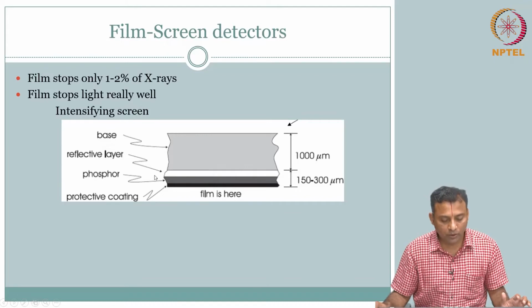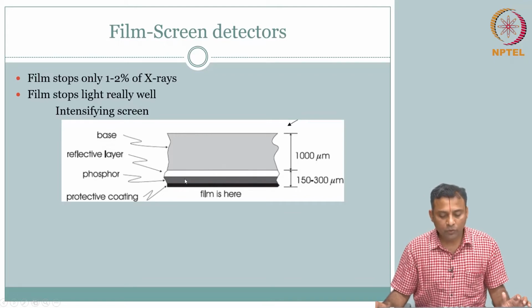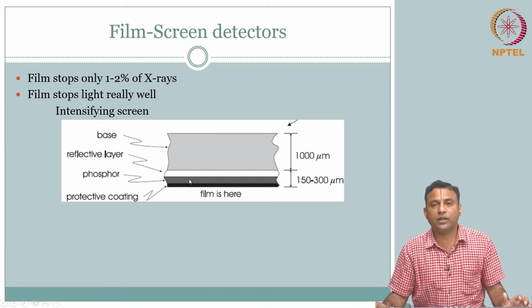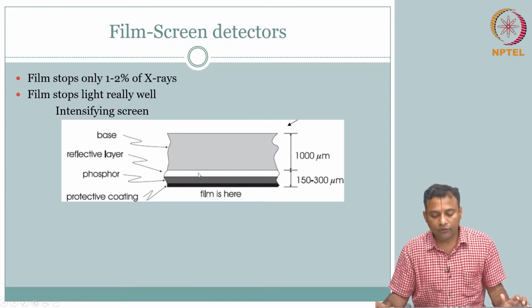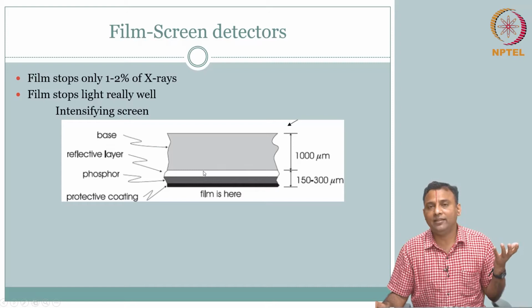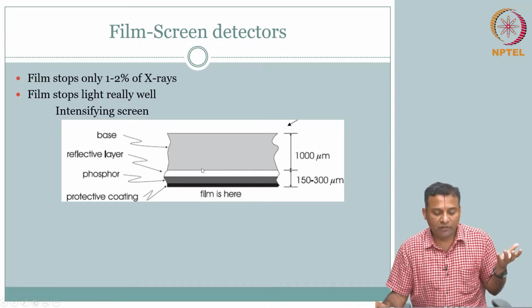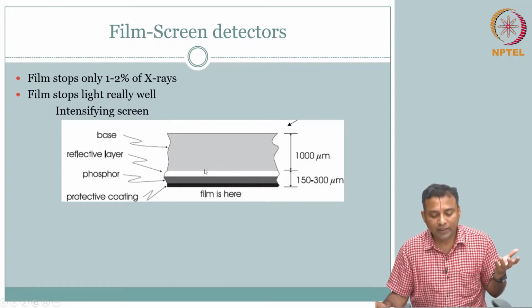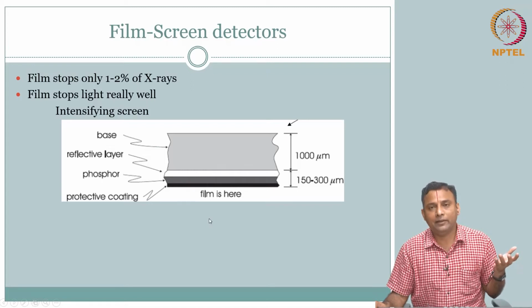So now the question is, what is this reflective layer? You create this light, right? This phosphor converts the X-ray to light. The light photons can go front and back, but you ideally want them to go and spoil the film here. If it goes on the other side, you are wasting it, right? Why should you waste? So you have a reflecting layer, so that if it goes there, it will get reflected back.